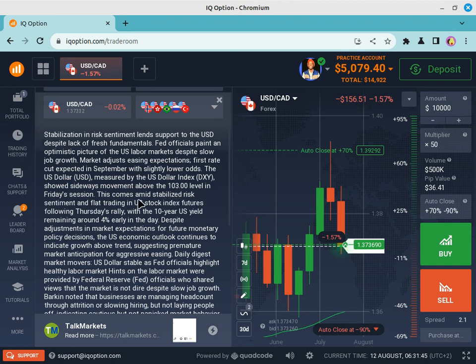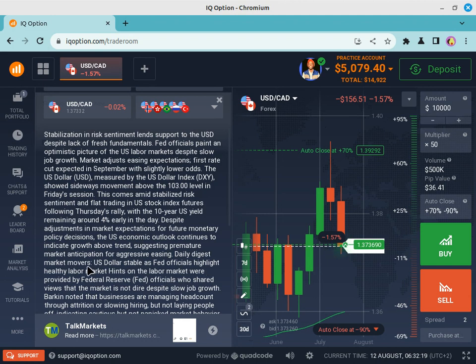This comes amid stabilized risk sentiment and flat trading in US stock index futures following Thursday's rally, with the 10-year US yield remaining around 4% early in the day. Despite adjustments in market expectations, the US economic outlook continues to indicate growth above trend, suggesting premature market anticipation for aggressive easing.